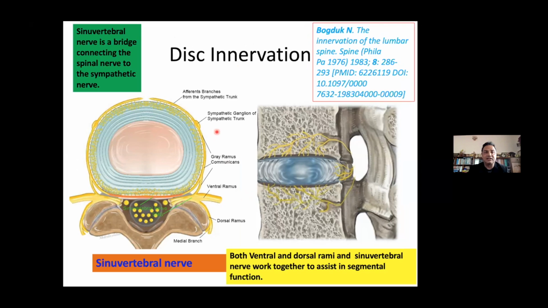The sinuvertebral nerve is connected to the sympathetic nerve, and both the ventral rami and the dorsal rami work together with the sinuvertebral nerve to assist in the segmental function, because segmental function is very, very important. Without this function, there will be a problem.